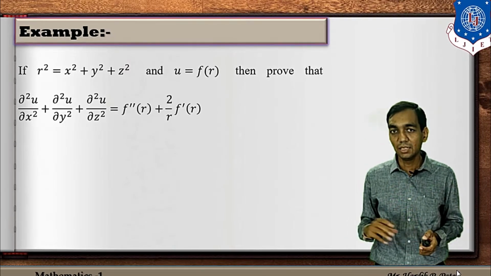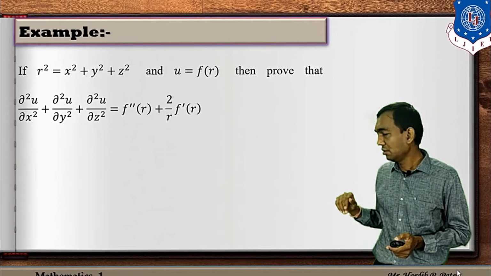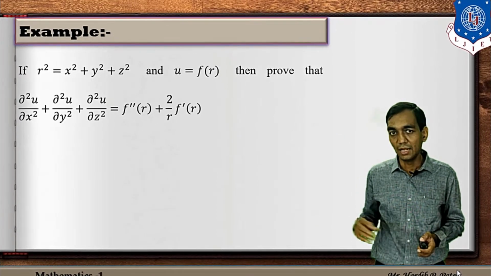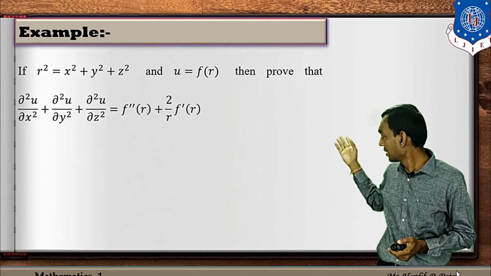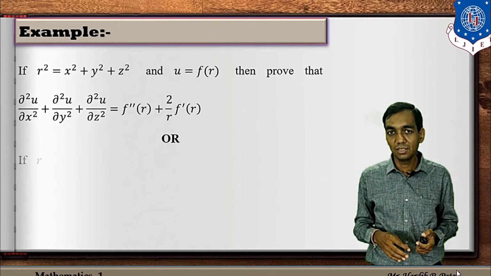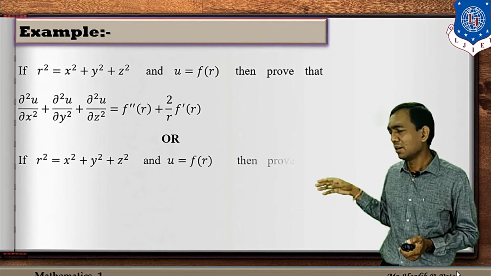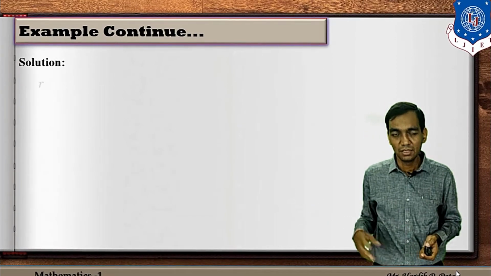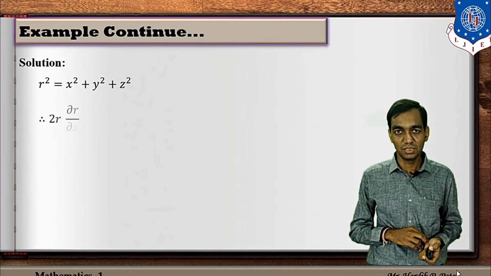Now see, here u is not given, only it is given that u is a function of r. And it is given that r² is equal to x² plus y² plus z². So again we are starting with r², or instead of this the question may be asked in the form of nabla, then also the method is going to be the same.